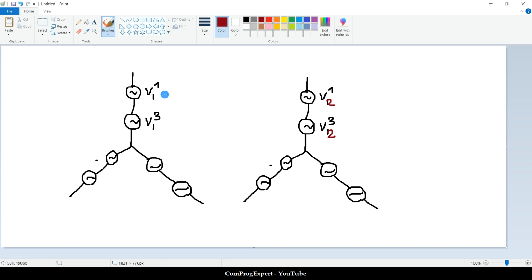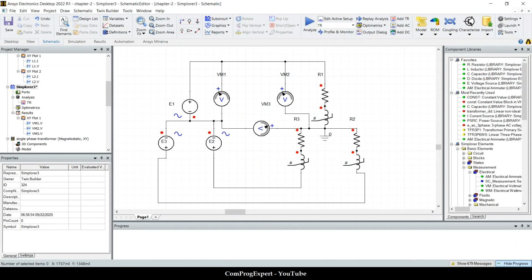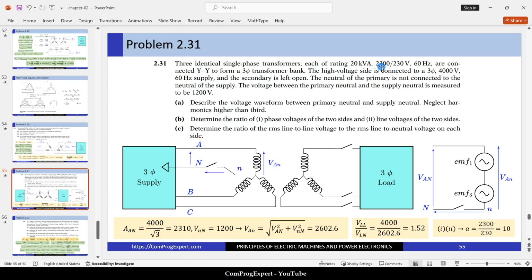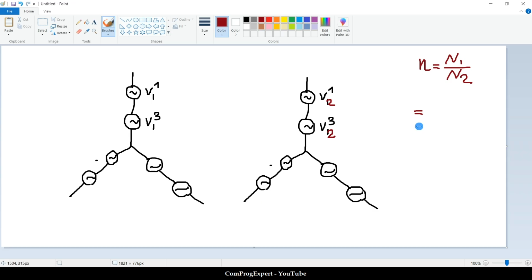You know that for this harmonic, if we have this turns ratio for the single phase transformer, N1 divided by N2, what is the value? The value is equal to 10, okay? 2300 divided by 230, which is 10.